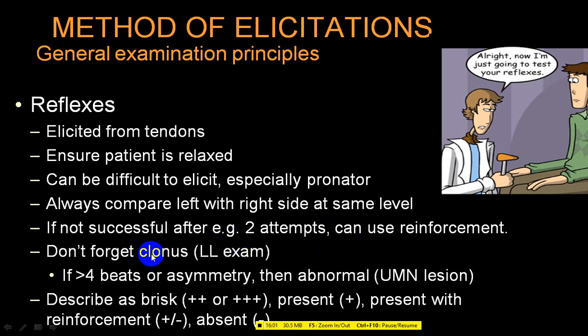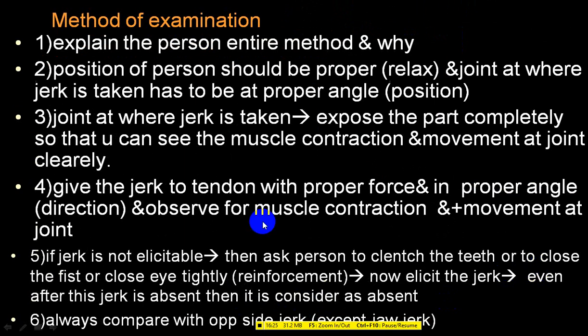Do not forget to examine for clonus, particularly patellar clonus and ankle clonus if the reflexes are brisk. And then you can identify whether the reflexes are present, absent, and if they are present, whether they are normal or exaggerated, or there is clonus. We'll be mentioning all that.